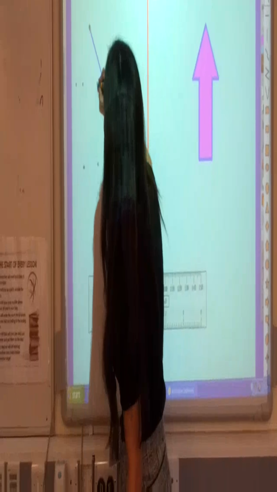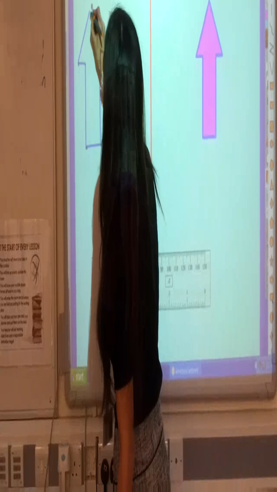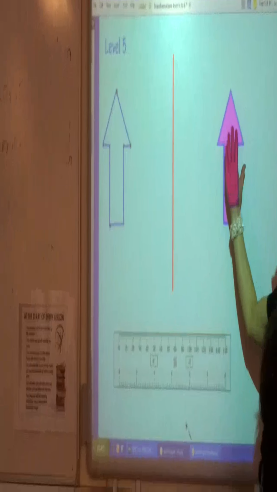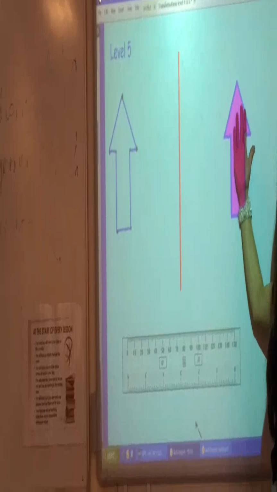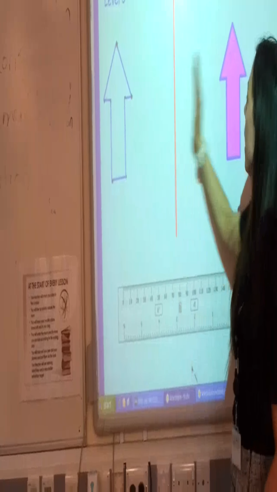That one to there. And what you have is a reflection of your original shape, your original object, reflected in the mirror line, in the correct position, equal distance away either side.